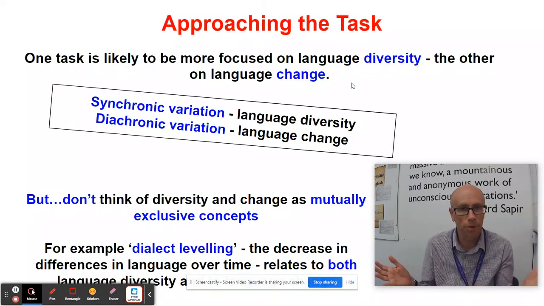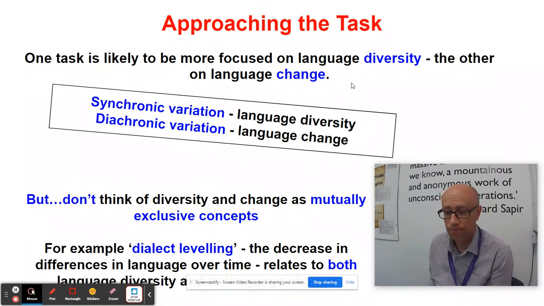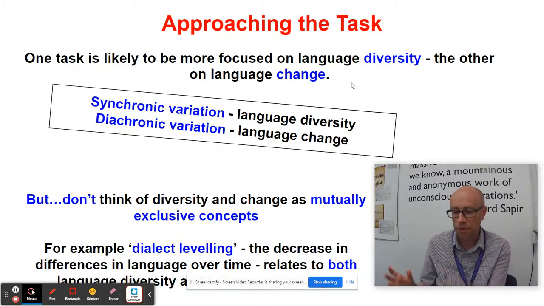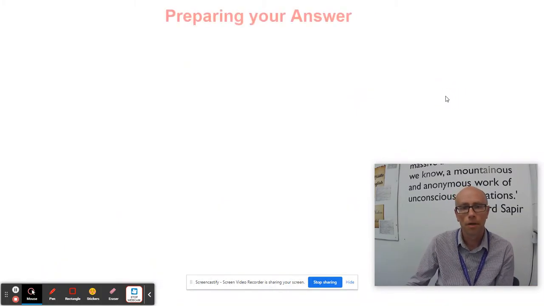So don't think of them as being separate boxes. Think, for example, about the concept of dialect levelling, which means the decrease in differences in language over time. Now, that as a concept relates to both language diversity and to language change. Okay, so what we're saying to you is think holistically, think outside the box, and don't think of change and diversity as being mutually exclusive.